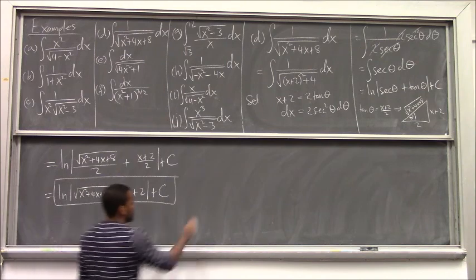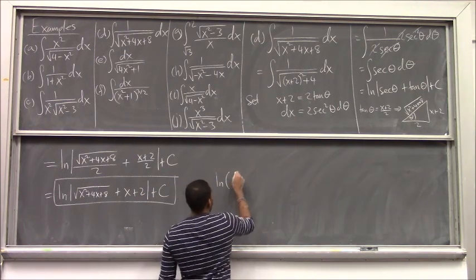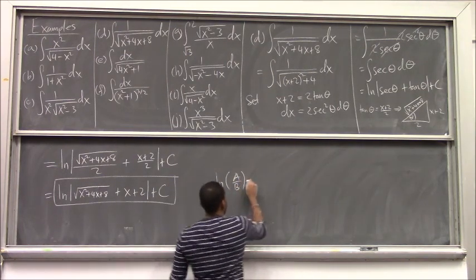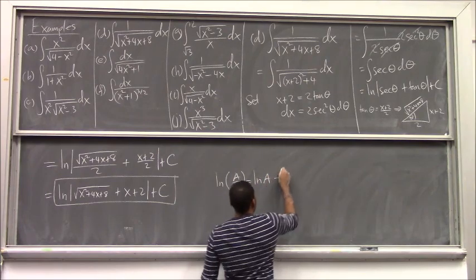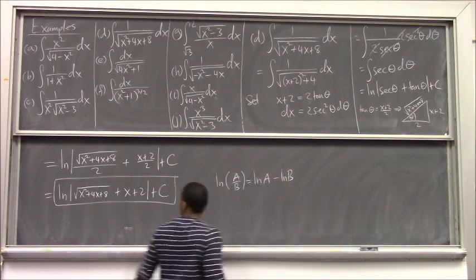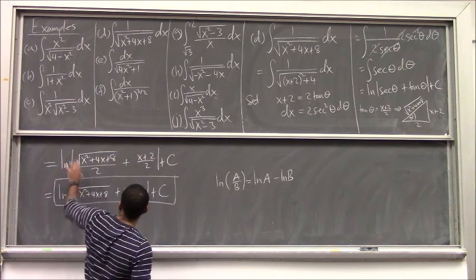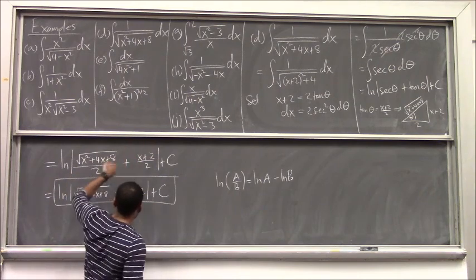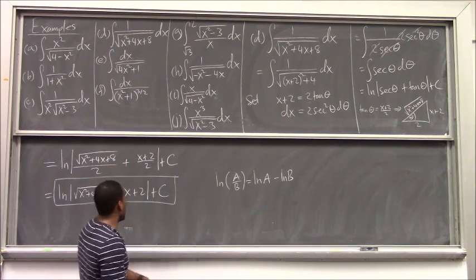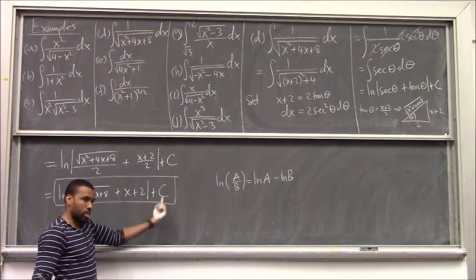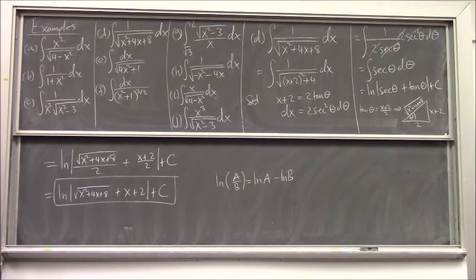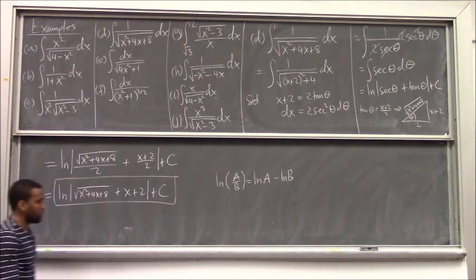Remember that log of a over b is log a minus log b. So I have log of this thing over 2, which is log of that thing minus log 2, and log 2 is of course a constant, so they'd absorb it. So these two are actually equivalent. Chances are your textbook would type up this answer, not that answer.